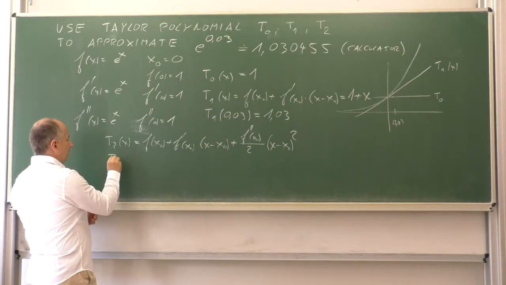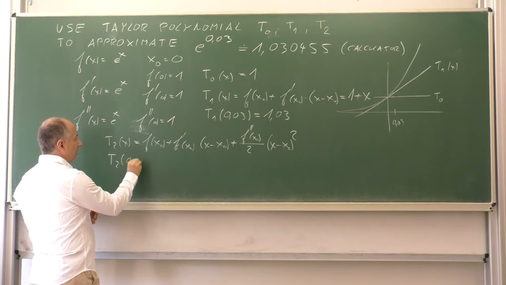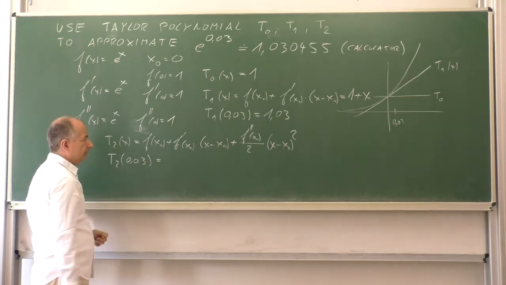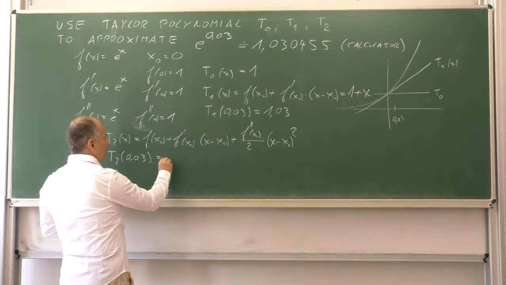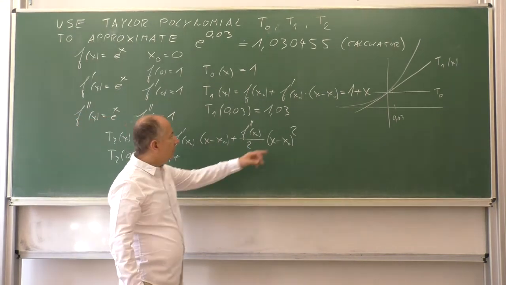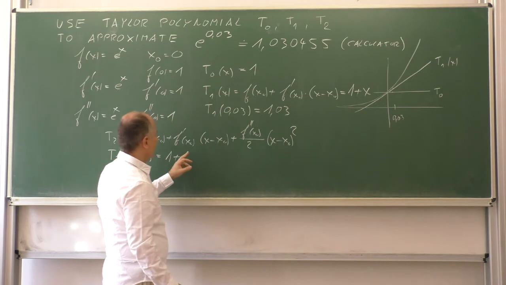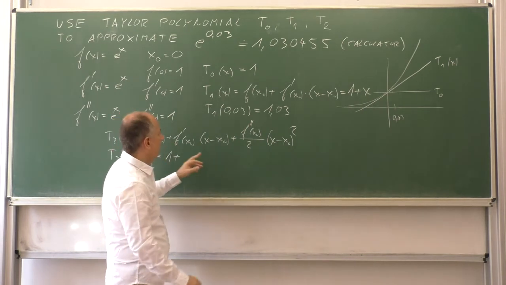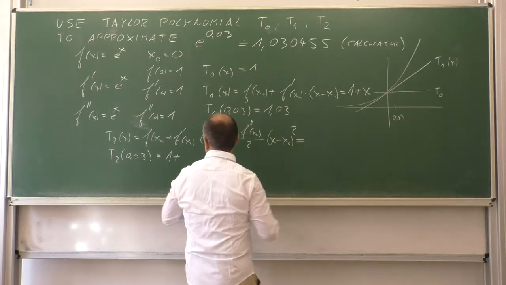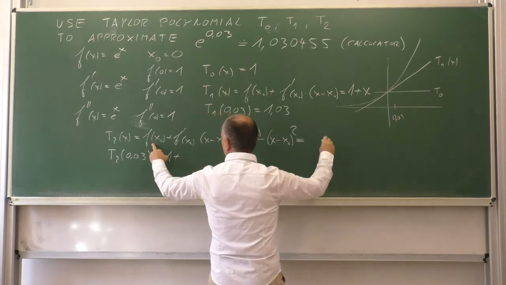And when we evaluate this function at our point 0.03, we start with 1, then we continue with x. Let me write this for this function for general x.